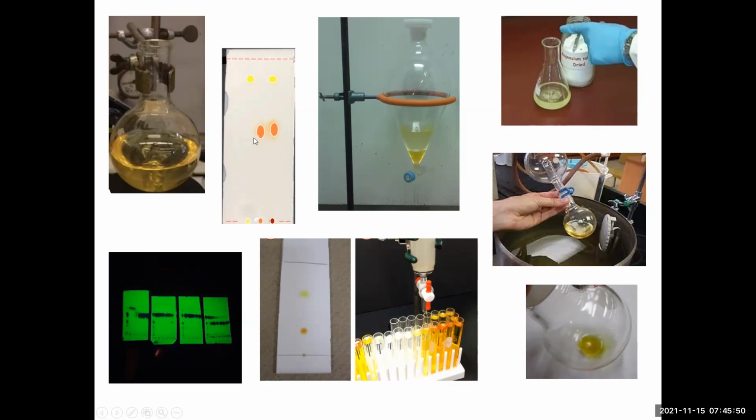But it doesn't always work perfectly where you don't have any starting material at the end of a reaction, right? Some reactions are subject to equilibrium, where it's not ever going to go all the way to completion, and you're stuck with a mixture at the end.